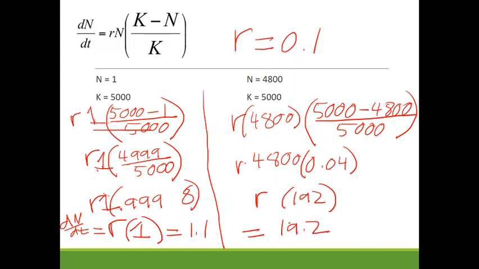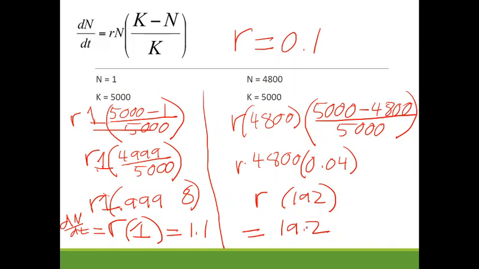Okay, so now let's put this r of 0.1 in, and then what you get is 19.2. So with a population of 4,800 individuals, you're only adding 19.2 individuals. That's a very, very small portion of the population that is actually increasing, right?